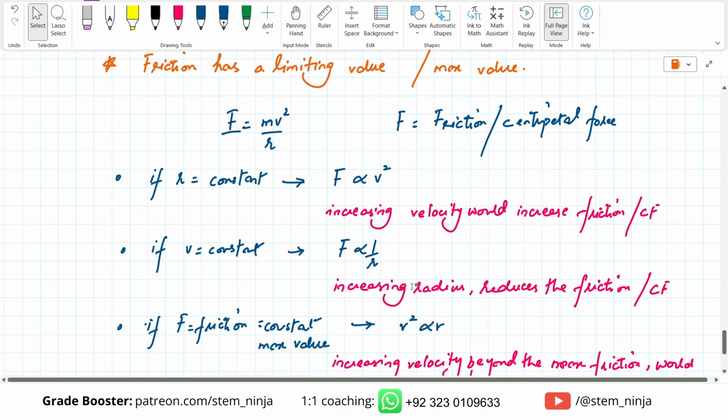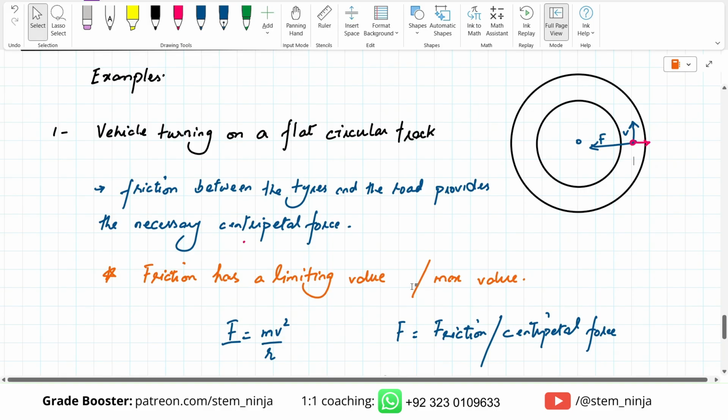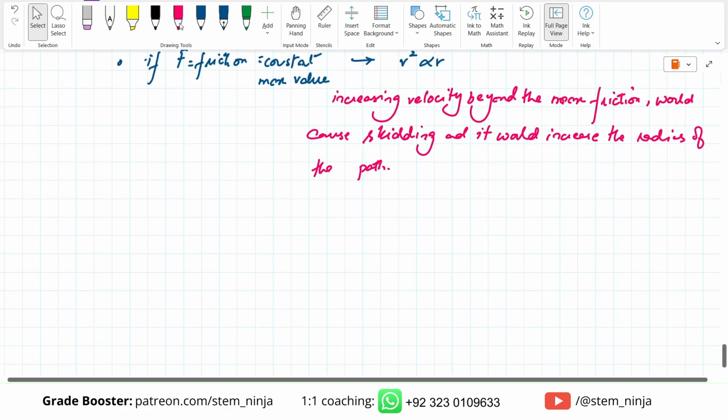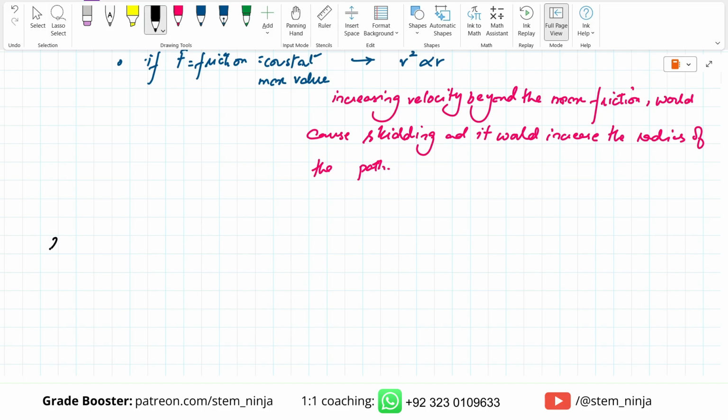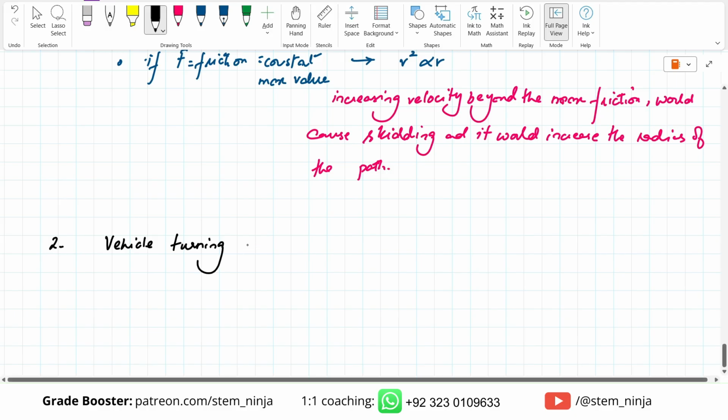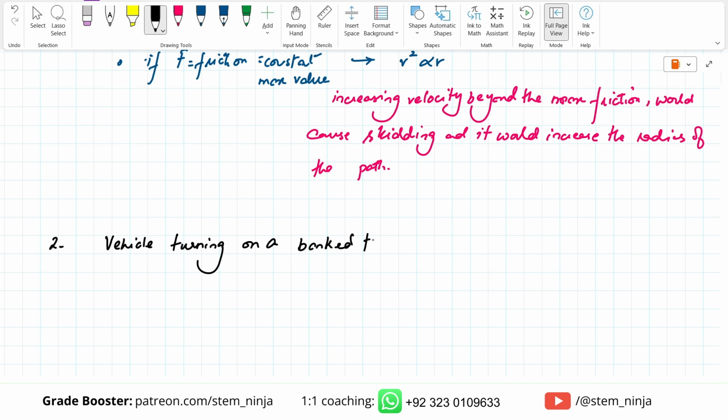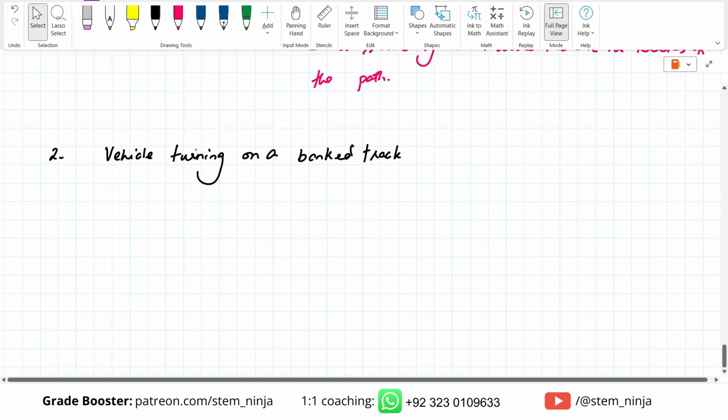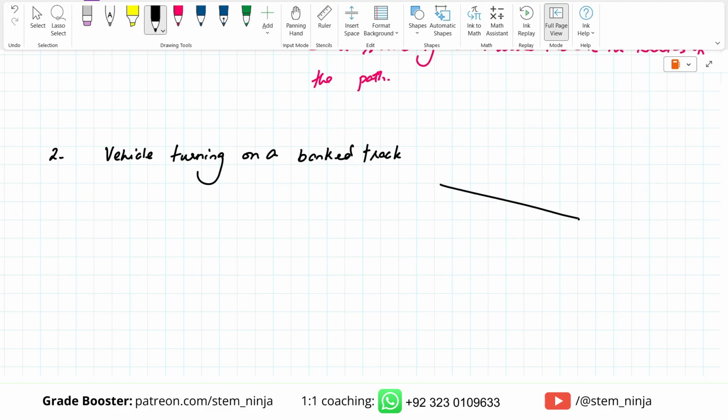Now, what if the track was banked? Then we have a vehicle turning on a banked track. For that, we just need the components required. So this is the banked track, and let's say this is the car or the vehicle, whatever that is.